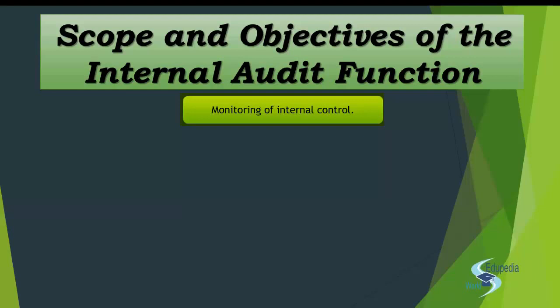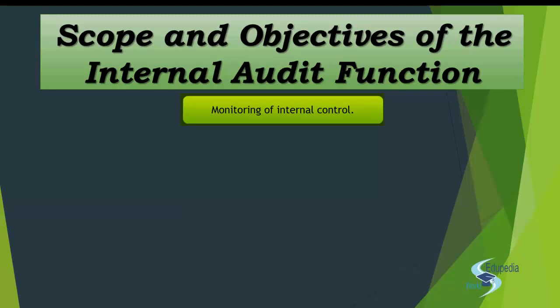So when we're talking about the activities of the internal audit function, that may include the monitoring of internal control, where you have been assigned a responsibility. By whom? By the management of the company or those charged with governance, right? And what is that responsibility? That you are supposed to monitor the internal control.